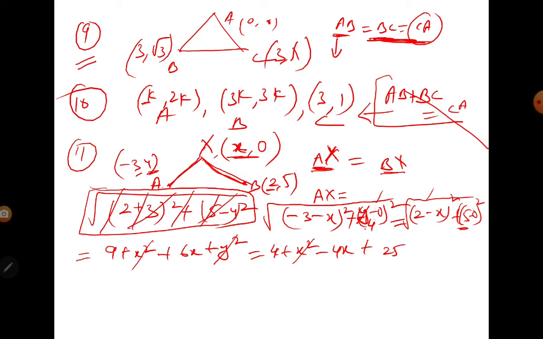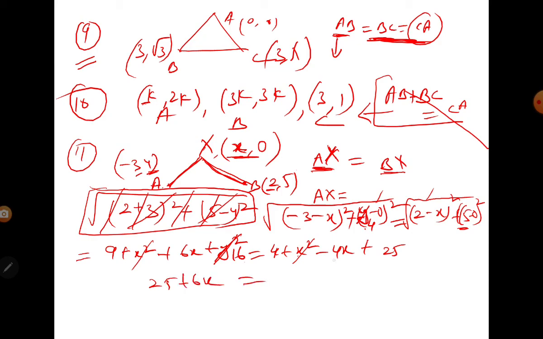Okay, so now sorry, I am going to write it again. So 9 plus x square plus 6x, then y is 4, so 4 square means 16. We can write it here: 16. No y is there. Again this side: 2 square plus x square minus 4x plus 25. So x square and x square we can cancel from both sides. Here is 16 only. So 16 plus 9 is 25, plus 6x.